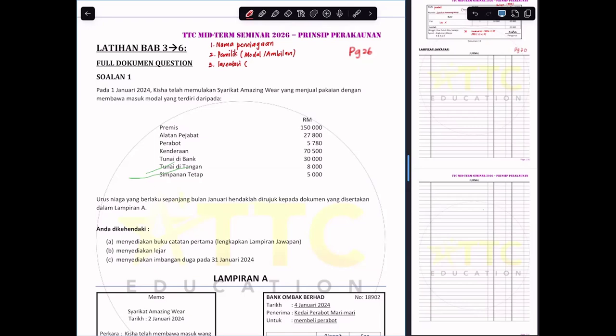If you buy inventory, how do you call it? In Malay, buy, we call it as? Beli. So make it belian.